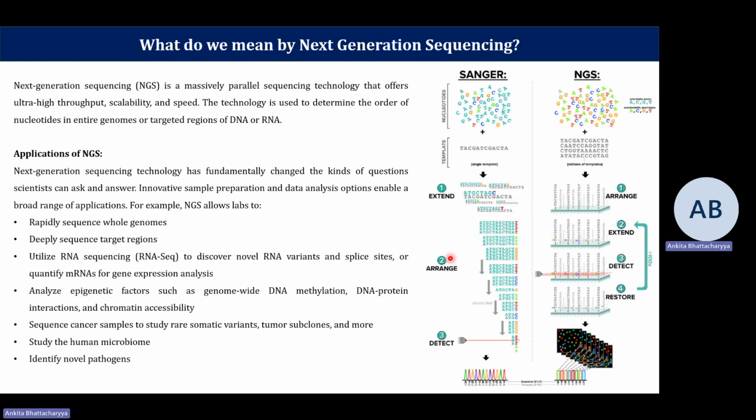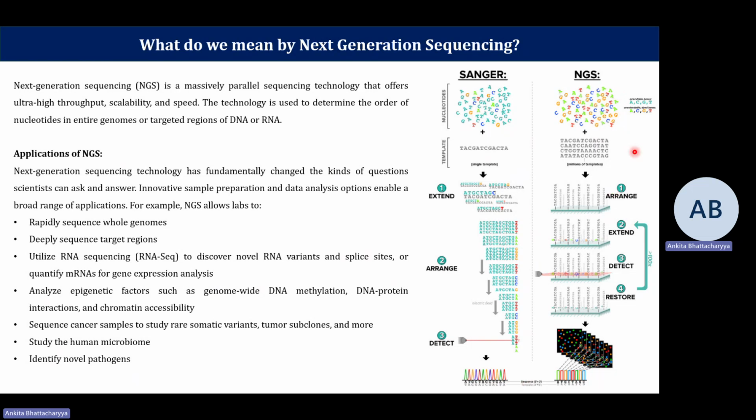There is extension, arrangement, and then detection based on the length of the nucleotide. And then you get these sharp peaks. You do not expect shoulders. You want clean peaks so that there is no discrepancy as to what nucleotide is present at that site. Basically, the sharper your peak, the more reliable and accurate your result is, and you will have more confidence in your data.